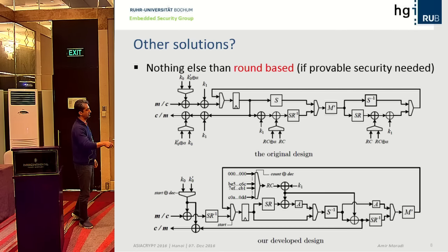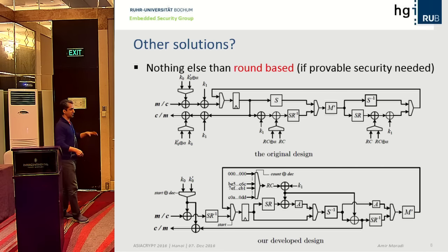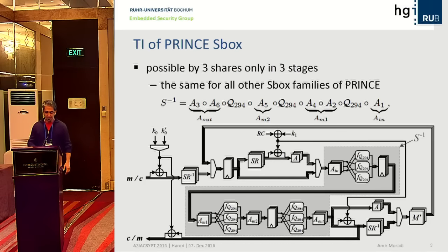Now you have one instance of the Sbox instead of two, which reduces the complexity or the size of the circuit if you implement it with TI. It means that this design is not necessarily smaller than this in an unprotected scenario, but in the protected scenario, if you want to implement the masked version of the Sbox, the lower one should be smaller than the upper one.